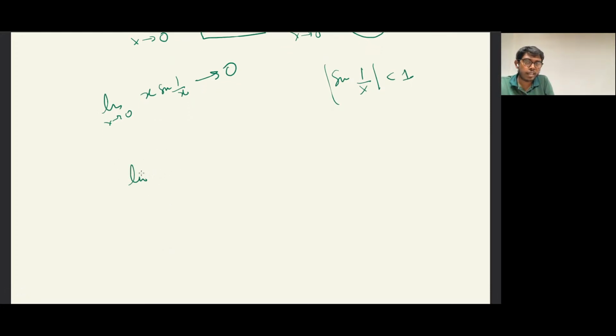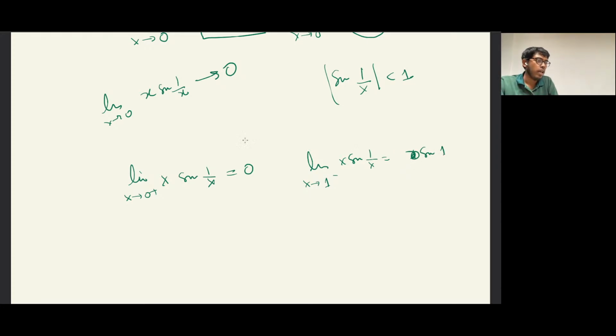Limit x tends to 0 of x sine 1 by x equals 0, and limit x tends to 1 of x sine 1 by x equals sine 1. So we have extended the function onto the boundary, and hence x sine 1 by x is uniformly continuous.